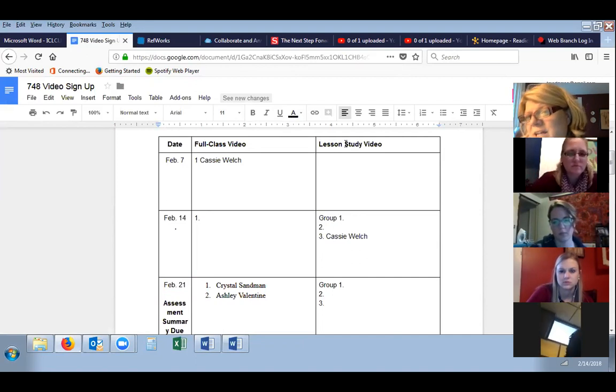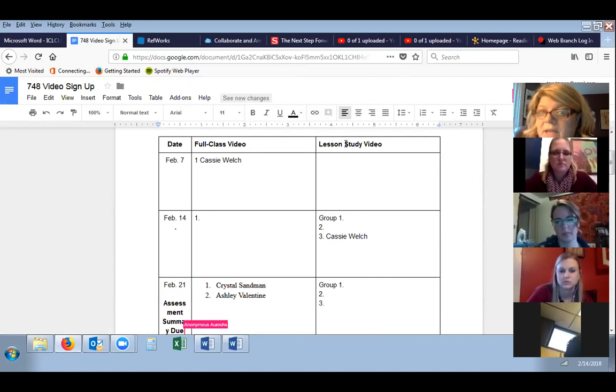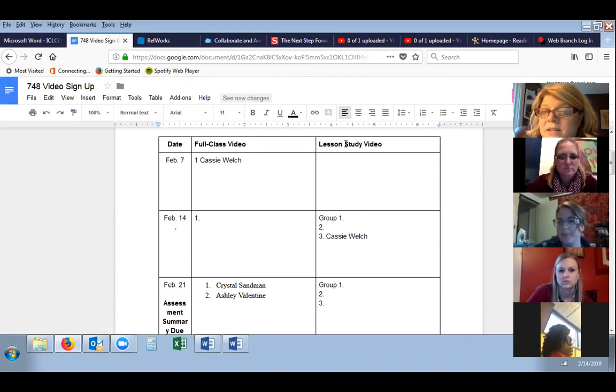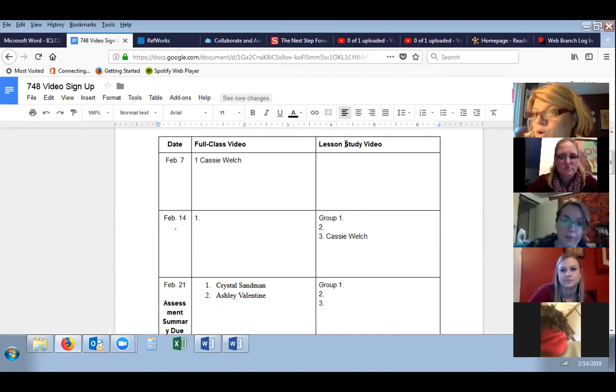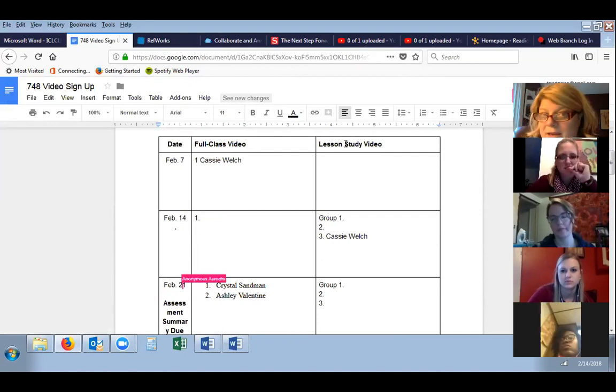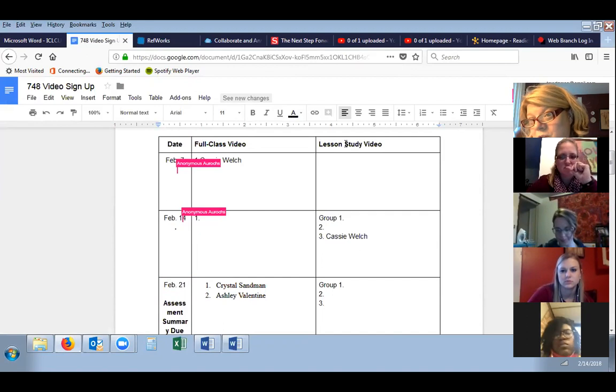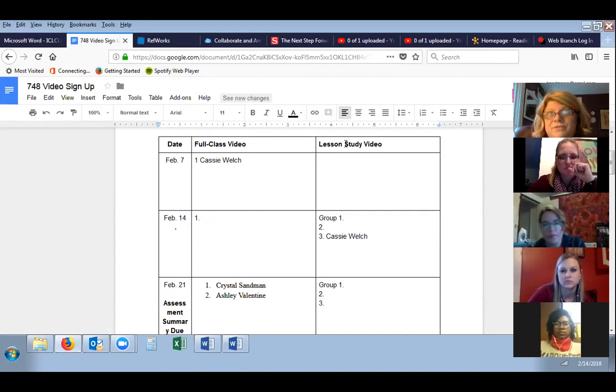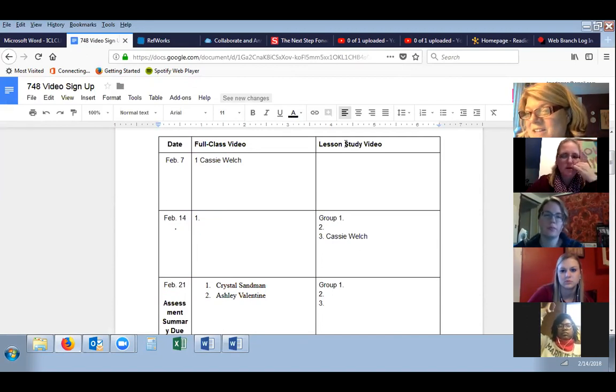So both of those are individual lessons, but one would be for the whole group to have a conversation about and discuss. And the other one would be more of a result of your discussion, maybe in the full class, but maybe just in your small group, so that they could see what happened, and you guys could go from there.